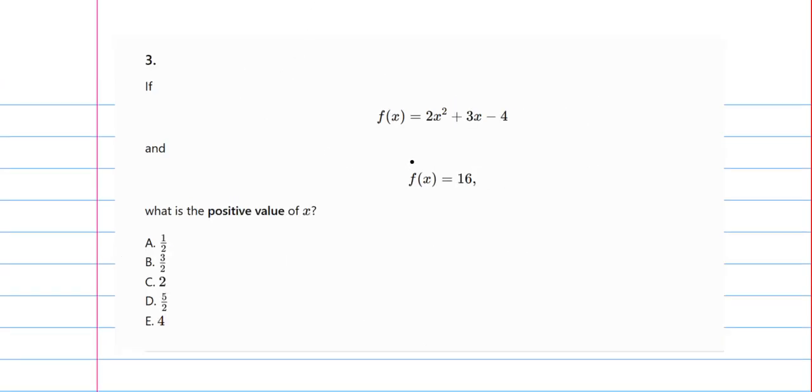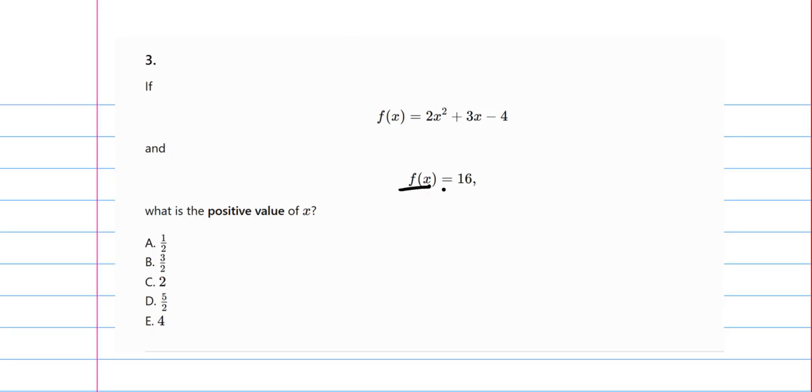And next, in this problem, there are two ways you can get the answer. So if f of x is equal to 2x squared plus 3x minus 4, and f of x is equal to 16, what is the positive value of x?